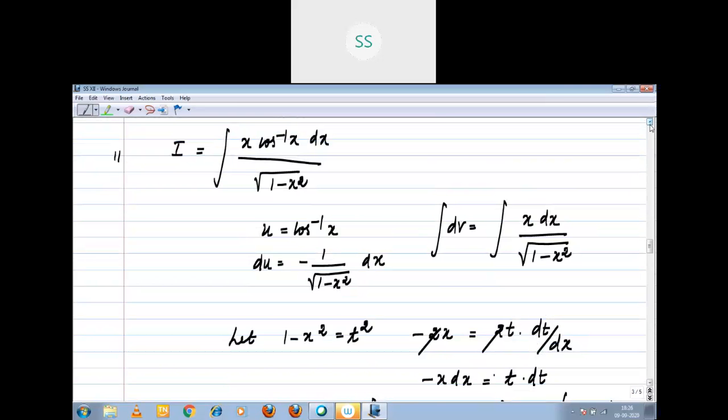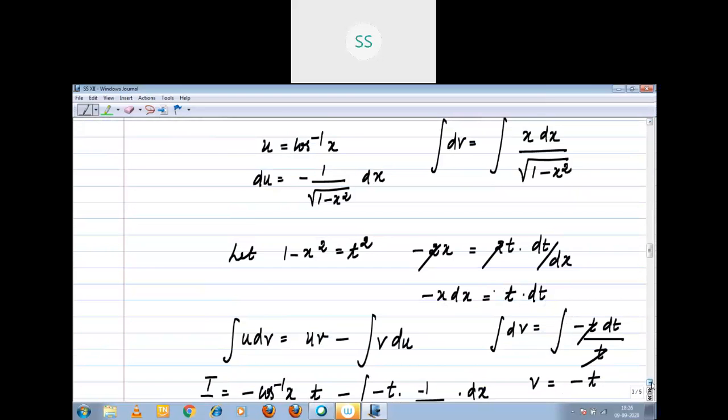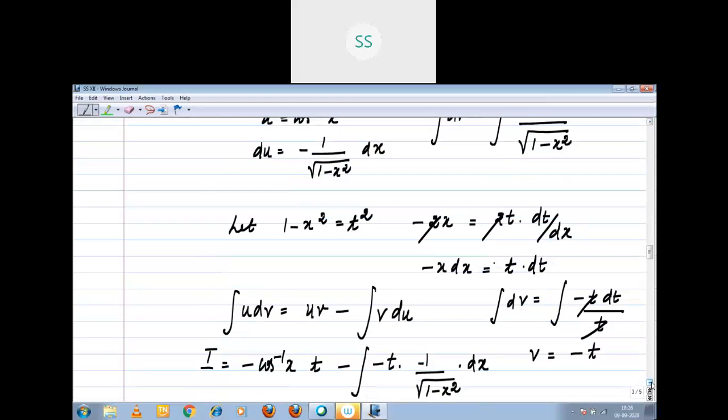Integral dv equal to the rest of the thing. Here directly I cannot integrate, so I adapted substitution. 1 minus x square equal to t square. Then I differentiated with respect to x on both sides. I arrived at the result x dx equal to t dt.